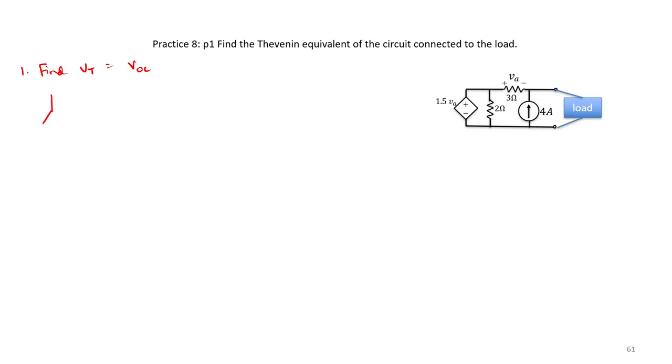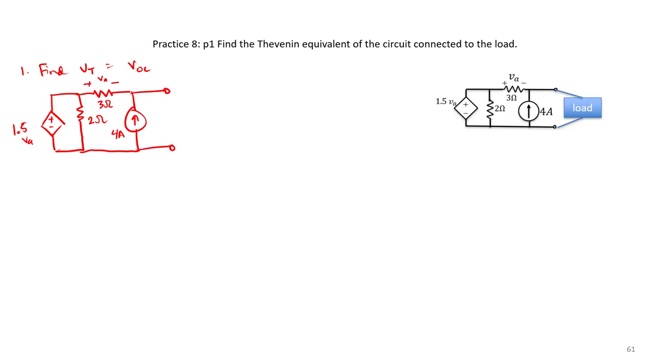I'm going to go ahead and disconnect our load and draw the circuit with only the portion we care about. So we have this, and our goal is to find VOC.